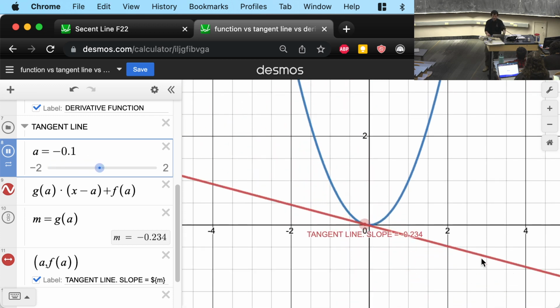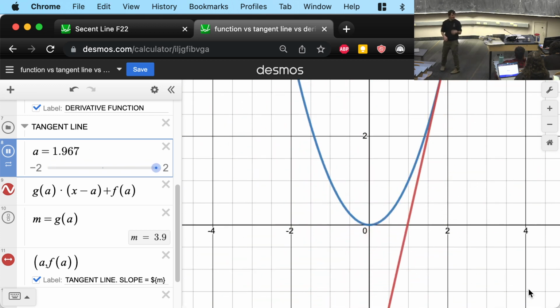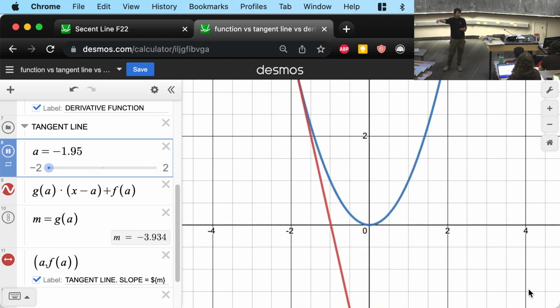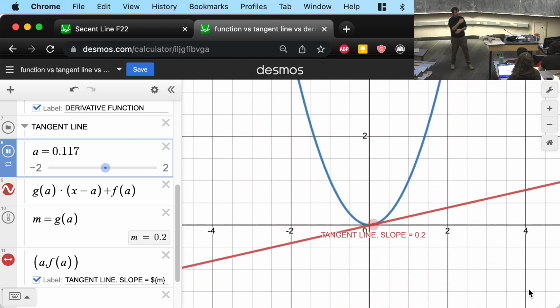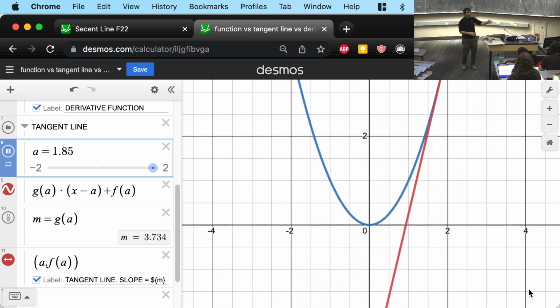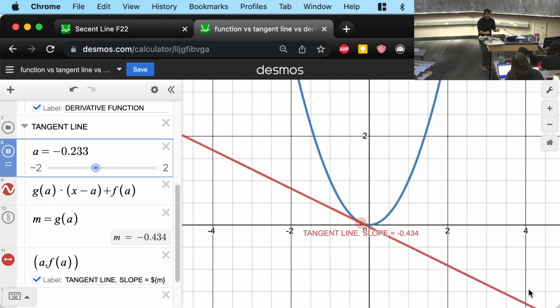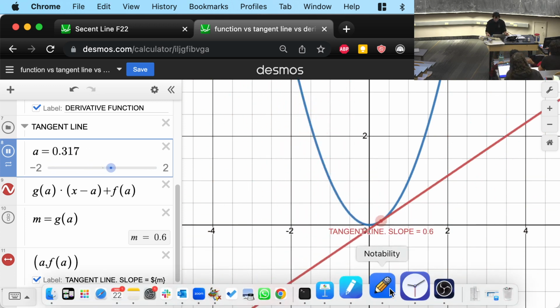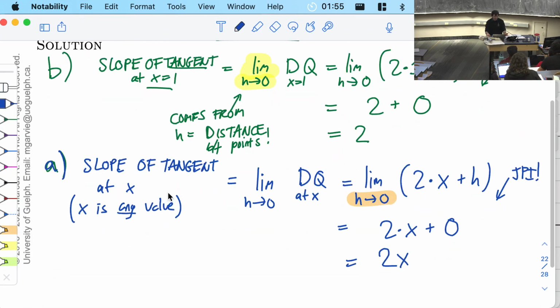Okay. So this thing, this idea of figuring out the slope as a function of where you are looking, figure out the value of the slope as a function of what x value you're looking at. This thing is called the derivative function. So what we actually did here, we found the slope of the tangent line at x.